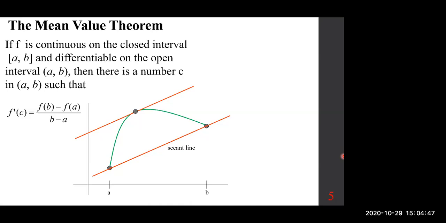Look at some point between A and B such that there is a line parallel to the secant line, which is a tangent line. Therefore, they must have equal slopes.